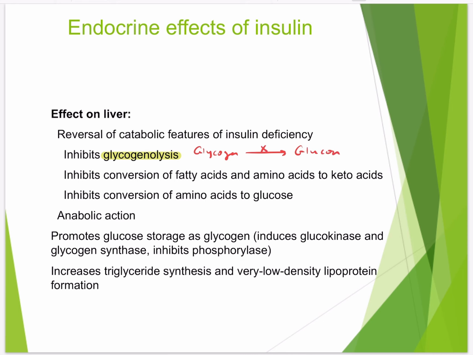The other one is that it inhibits conversion of fatty acid to keto acid, and amino acid to keto acid. It inhibits conversion of amino acid to glucose, which is gluconeogenesis. This is important, and as I mentioned before, it is also important for glycogenesis, the production of glycogen.